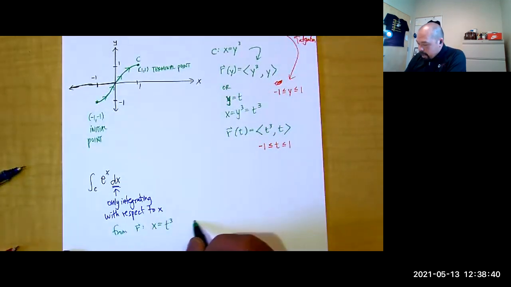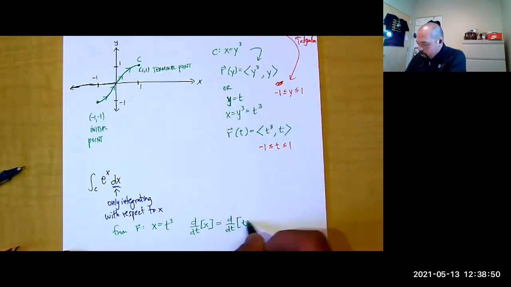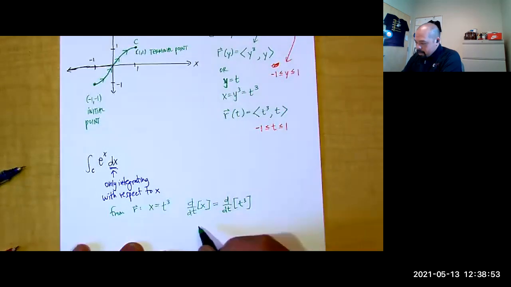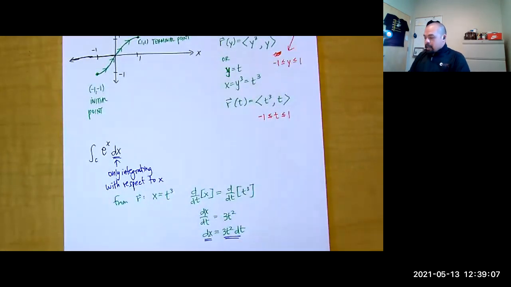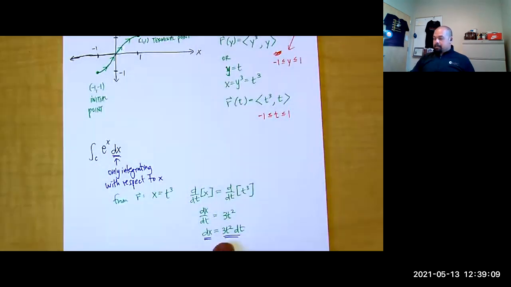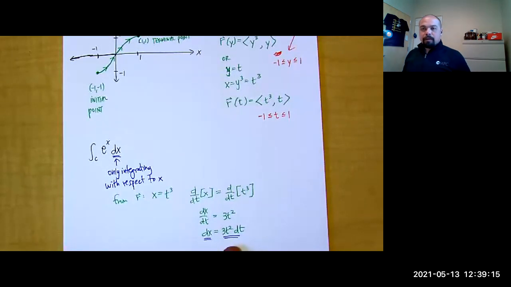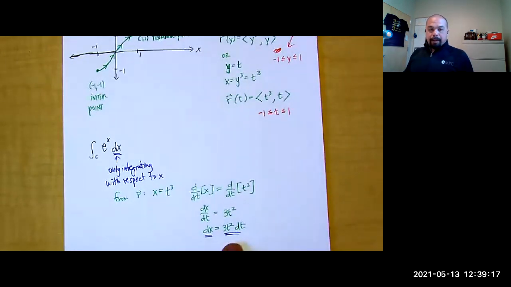So then when I look at that derivative with respect to t, with respect to that parameter, dx dt, 3t squared, or dx is equal to 3t squared dt. So this is giving us our means of replacing that dx integrating factor in terms of our parameter t. If we had kept it in y, we'd have a parameter in terms of y, integrating factor in terms of y. Okay?